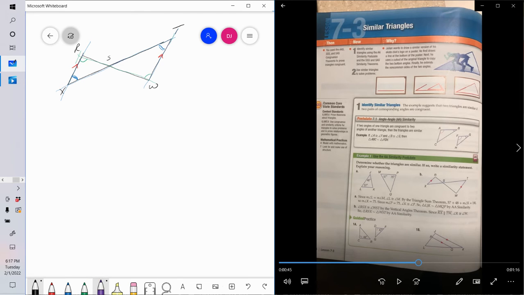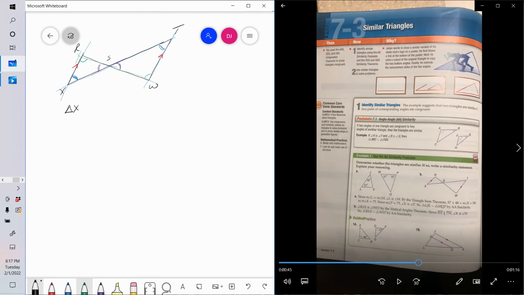And because we have two lines that intersect each other, the vertical angles, those two, are congruent to each other. So we know, therefore, that the two triangles are similar to each other, because the three angles of one triangle are congruent to the three angles of another.